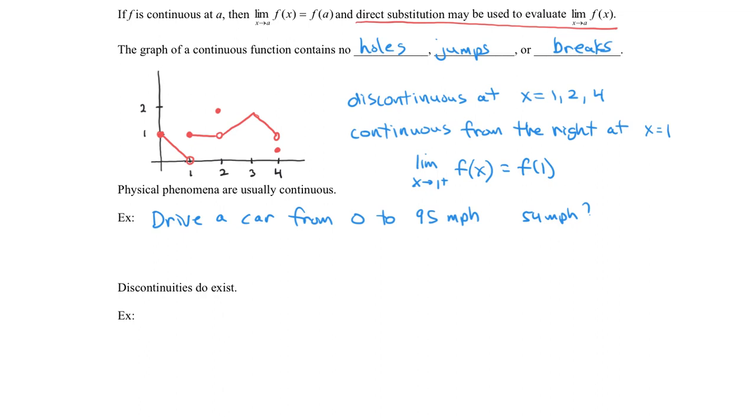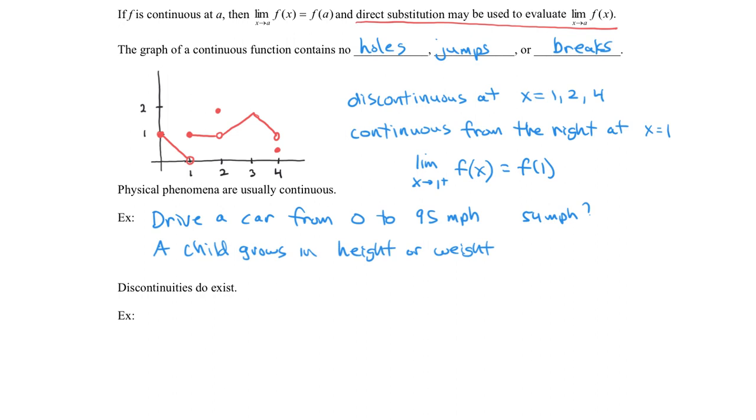Or, you know, as a child grows, let's say a child grows in height or weight. So if you have a child growing, and let's say that your child hits 4 feet tall.